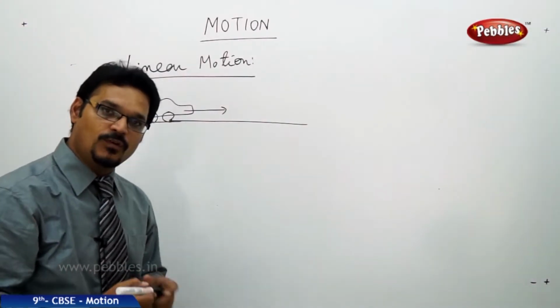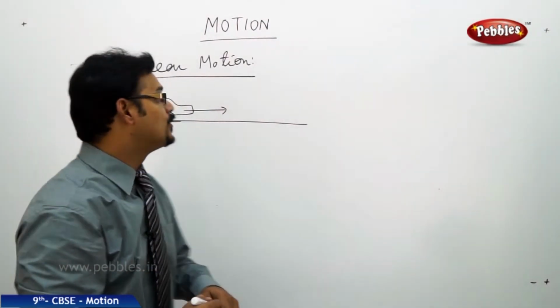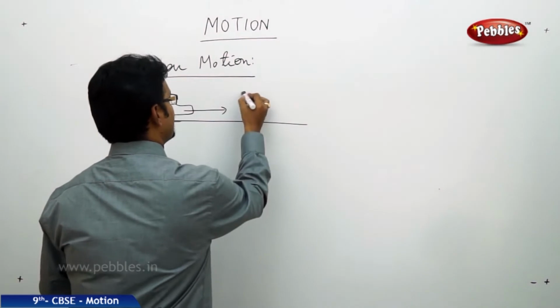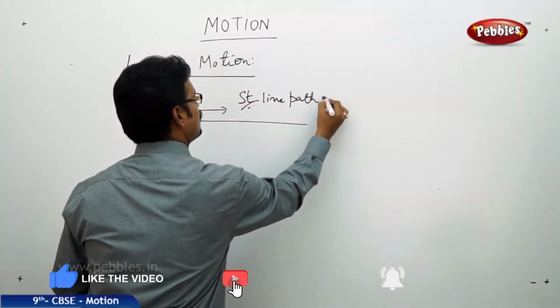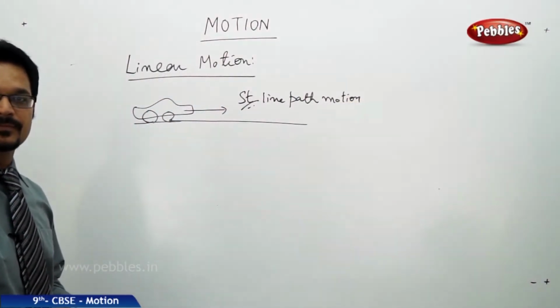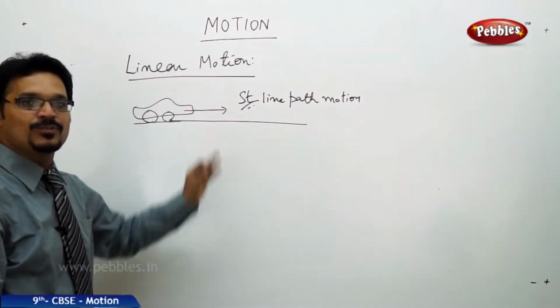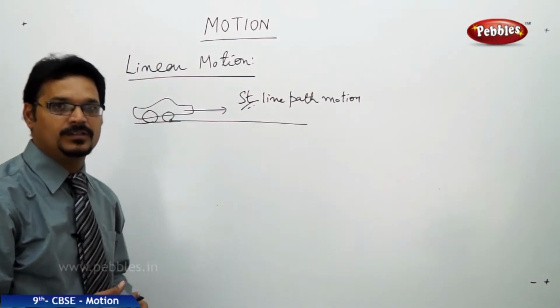A person is walking straight on the road. Then we say the person is in linear motion. So linear motion basically is straight line path motion.